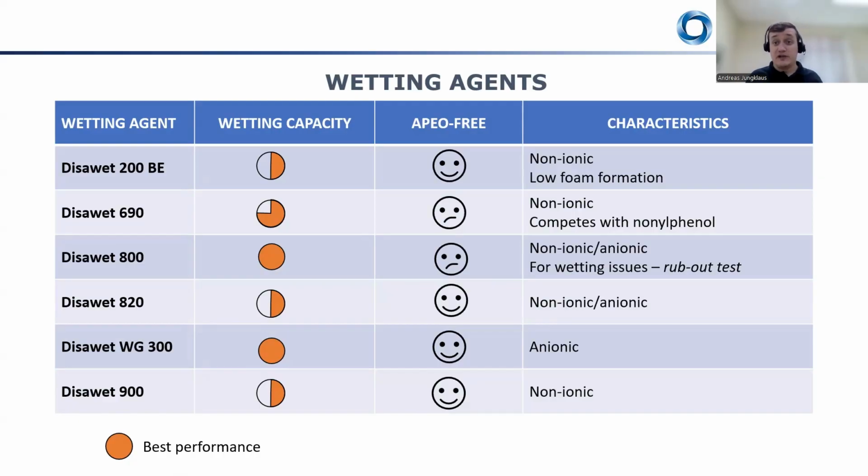That's really important today, isn't it? So non-ionic systems typically provide steric stabilization, while anionic systems add electrostatic repulsion. And the chart reinforces that wetting agent choice must balance performance, foam control, compatibility, and regulatory compliance as well, right?